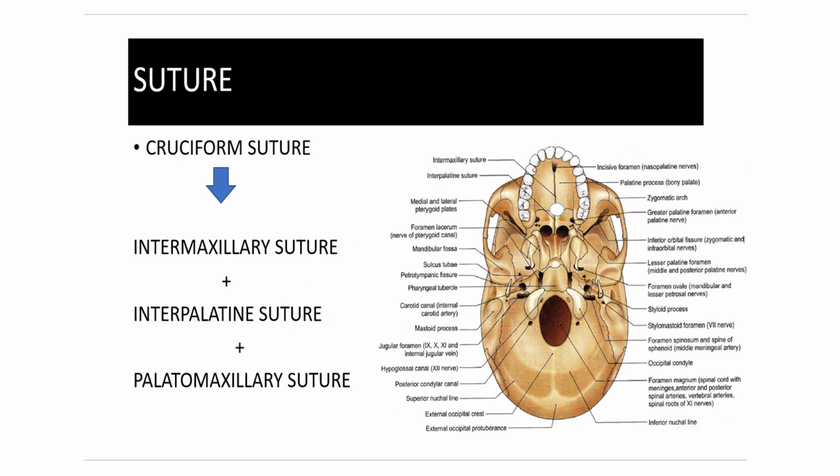Sutures can be seen on the hard palate. The name of the suture is cruciform suture, and this cruciform suture is made by three sutures: the intermaxillary suture, the interpalatine suture, and the palatomaxillary suture. All of these three sutures combine together to form the cruciform suture.